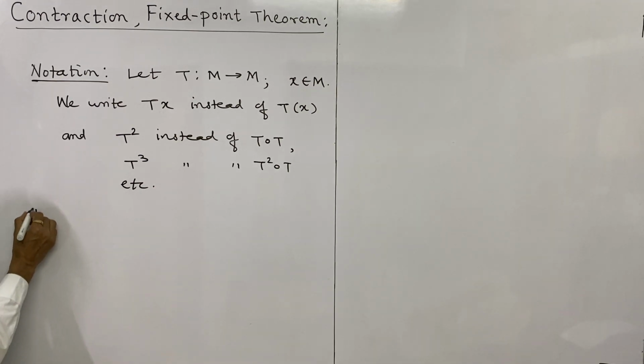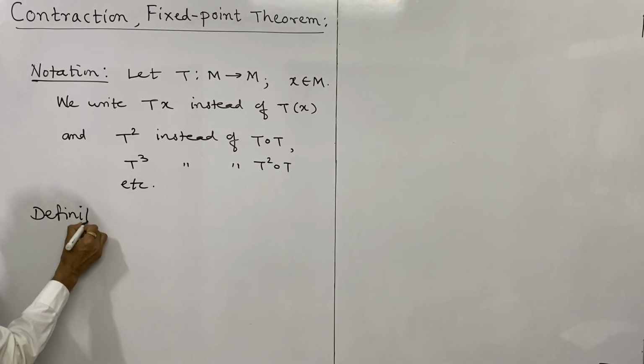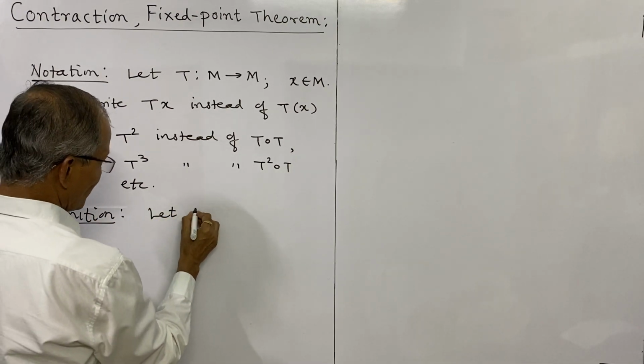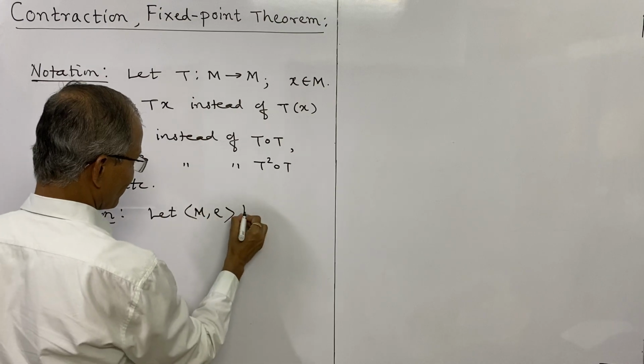Now we will write the definition of contraction. Let M with rho be a metric space.